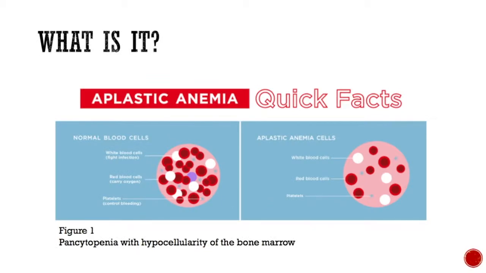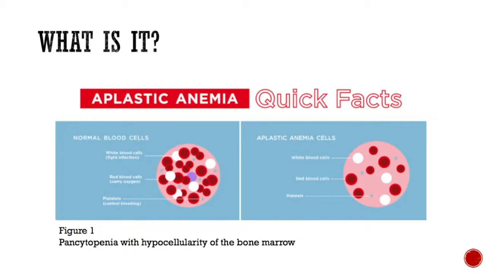Aplastic anemia symptoms are related to the three cytopenias. In the case of low red blood cells, that leads to fatigue, trouble breathing, pale skin tone, headaches, rapid heartbeat, and chest pain. The low white blood cells lead to recurring or severe infections, flu-like illnesses, and fevers.